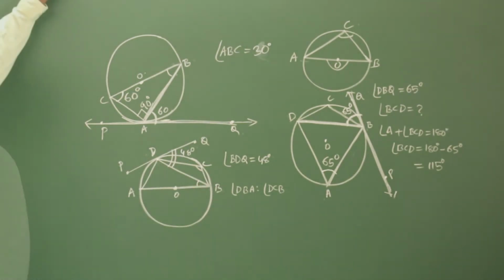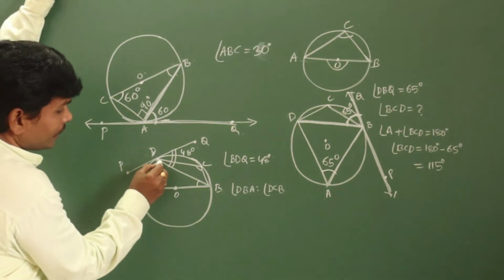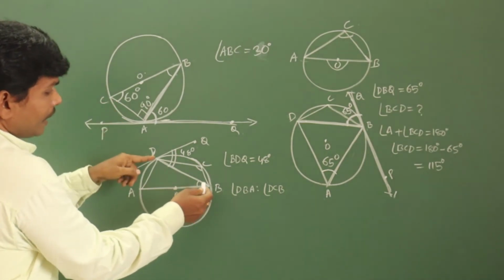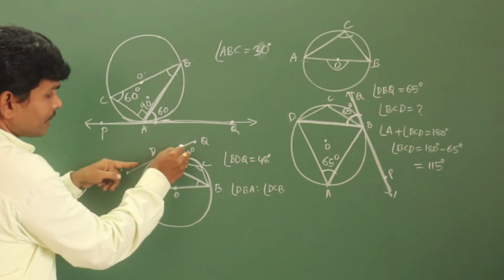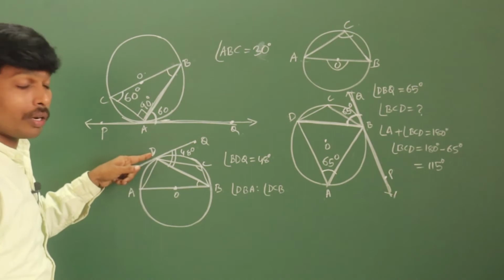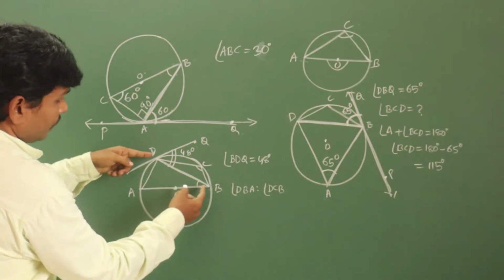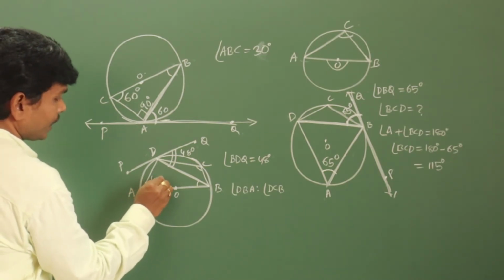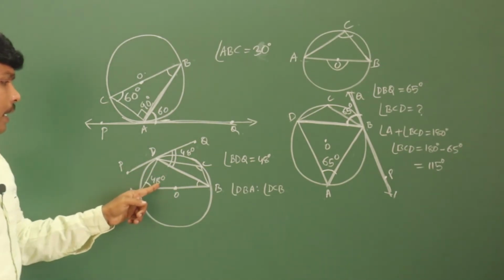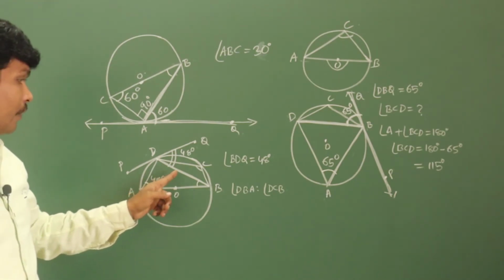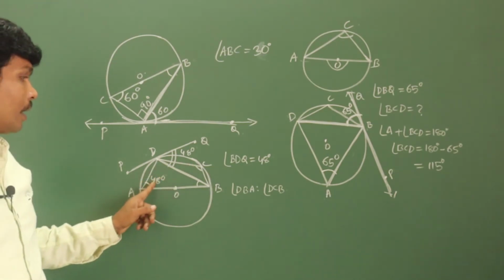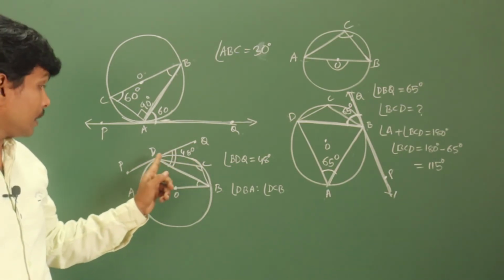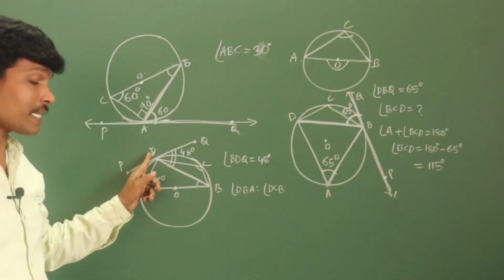How did you do it, Nana? Observe. It is the tangent and this is the chord. The angle between the chord and tangent, we can use the alternate segment theorem. So that's why angle A also, how much do you get? 48 degrees. You got A as 48, no? Then definitely you can get C. ABCD is a cyclic quadrilateral.